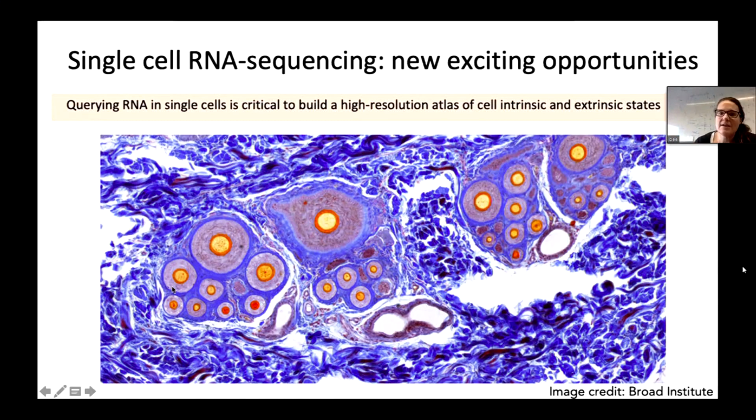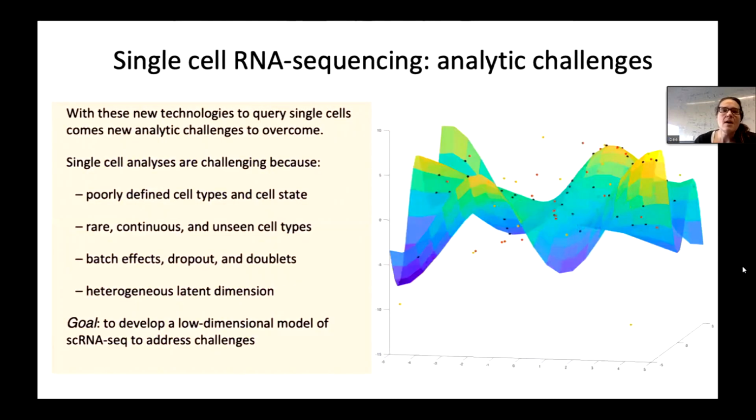So the idea really is that when we think about developing atlases or just querying RNA in single cells, we're really interested in not only understanding single cells and their states, but also how cells interact in spatial ways, how they depend on each other, what goes on between cells in the extracellular matrix, and again, how they respond to particular perturbations, maybe exposure to a drug or different kinds of genetic variation as well.